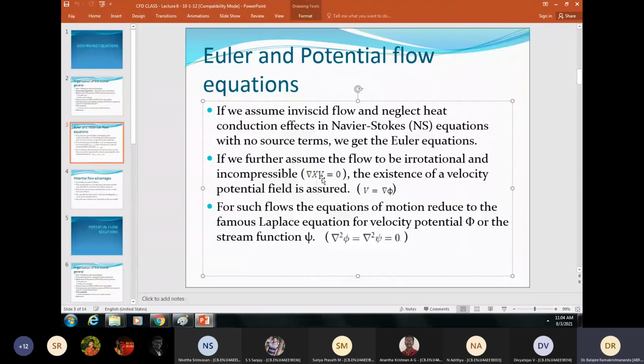So that is flow being irrotational in fluid dynamic parlance. For such flows, the equations of motion reduce to the famous Laplace equation in velocity potential or the stream function. So del squared phi is 0 or del squared psi is 0, where phi and psi are orthogonal to each other at every point.